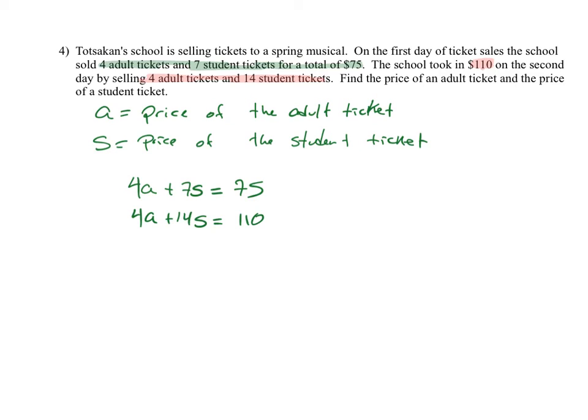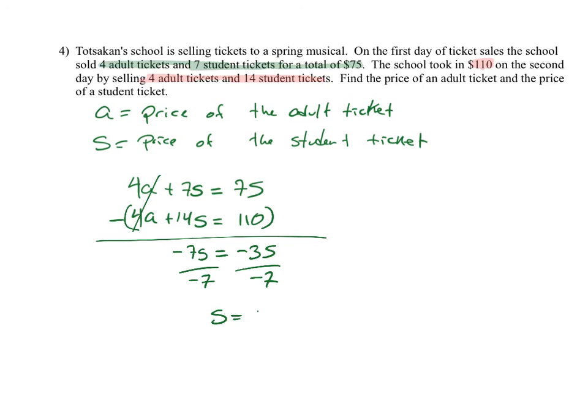Now, those two variables are the same, so I just need to subtract those equations. This is going to cancel out, and I have negative 7s equals negative 35. I'm going to divide by negative 7, so s equals $5. So each student ticket costs $5. Now I'm going to find the other. So 4a plus 7 times 5 equals 75.